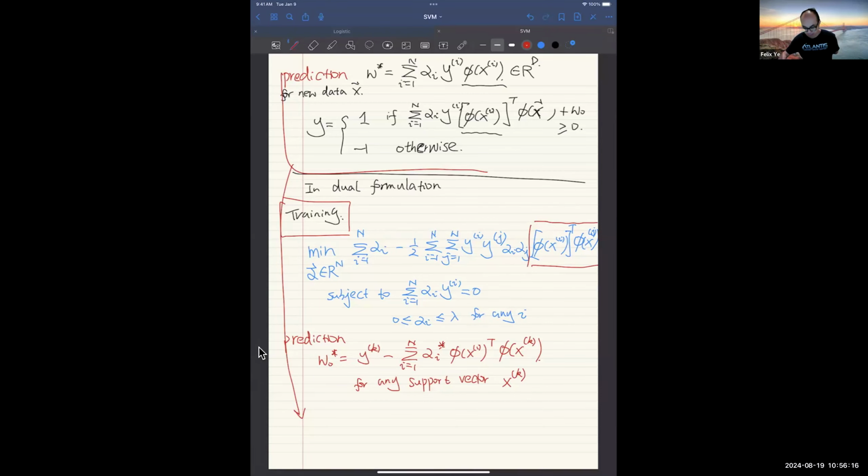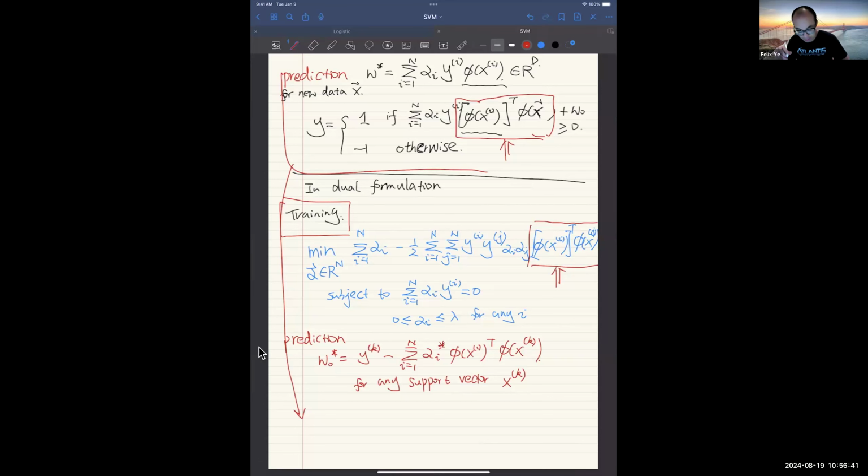But you can see there are some very interesting things right here. In terms of training, this always shows up as a pair, phi of x_i transpose phi of x_j. In terms of prediction, it also shows up as a pair, phi of x_i transpose phi of x, right?